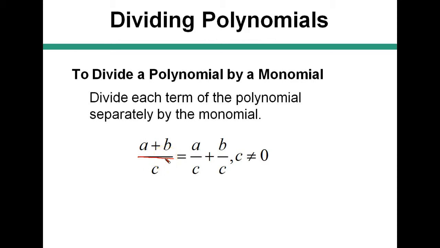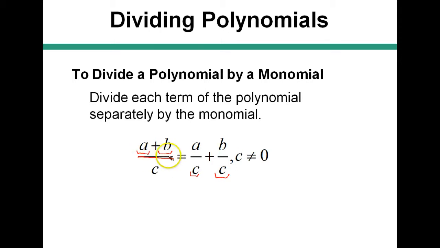Well, what we do is we separate our numerator items and put them over our common denominator, and then we simplify each of these terms. So in a sense, this is one term held together by the common division bar.